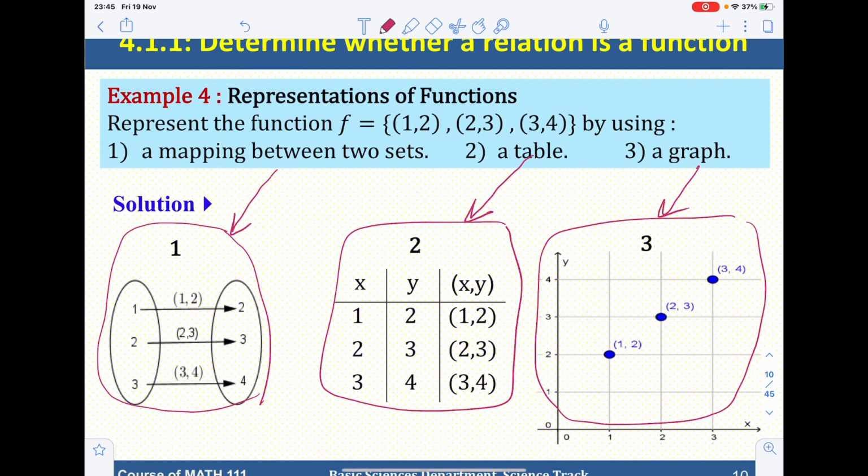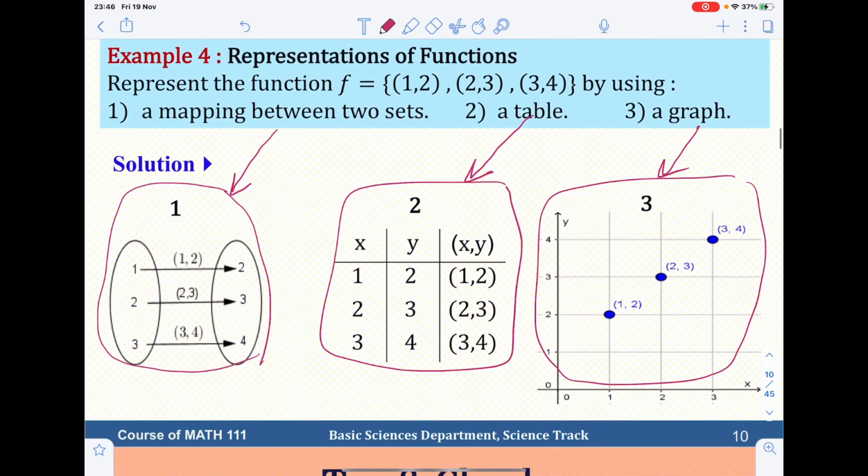Now, if you have this form of the function and you want to study whether the relation is a function or not, for the mapping, you just notice that each element in the domain has only one row. It has only one row, so yes, it is a function.